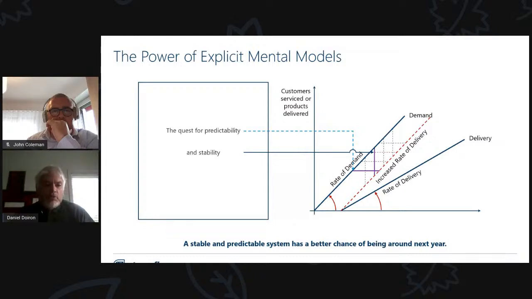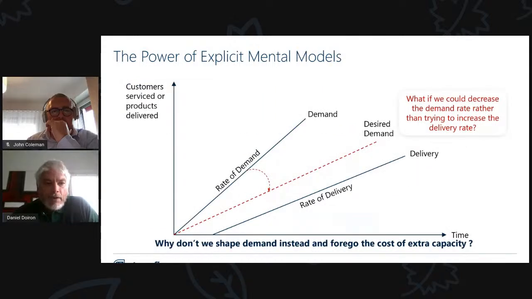And a stable and predictable system has a better chance of being around next year. Okay, we can agree to that. But there is another alternative. If increasing capacity is costly and takes a lot of time, why don't we instead shape demand, take the rate of demand down, and make it parallel to the delivery rate?